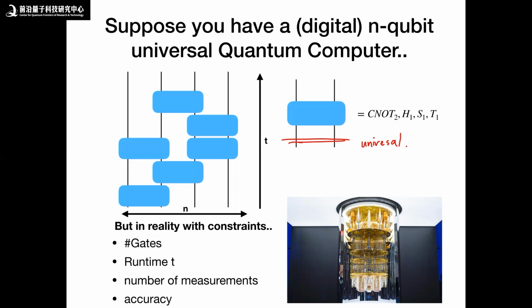We can quantify how good our program is by the number of gates we're using, the runtime, and also the number of measurements, namely how many times you're going to rerun your program. And of course, these are going to trade off with your accuracy.